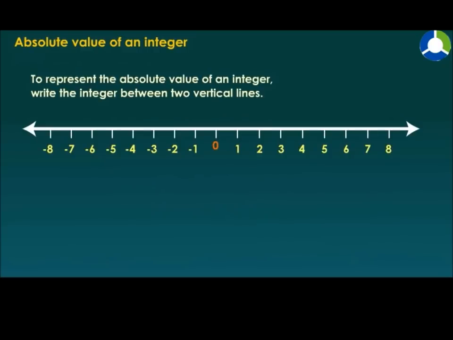To represent the absolute value of an integer, write the integer between two vertical lines. Thus, absolute value of negative 8 equals 8. Absolute value of 4 equals 4, and so on.